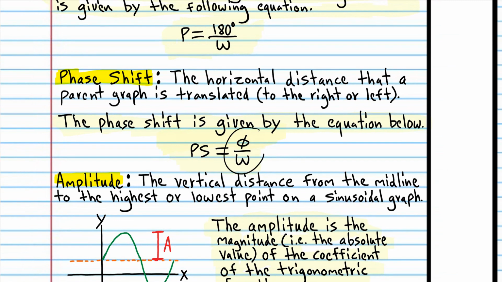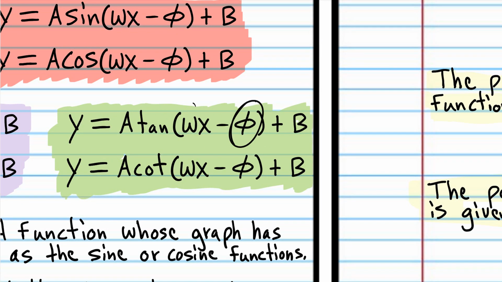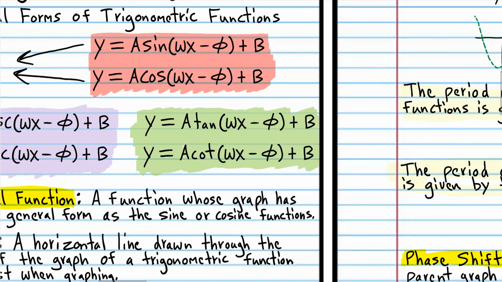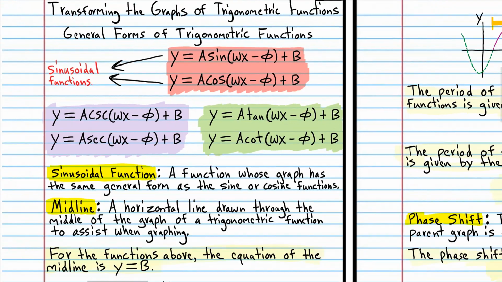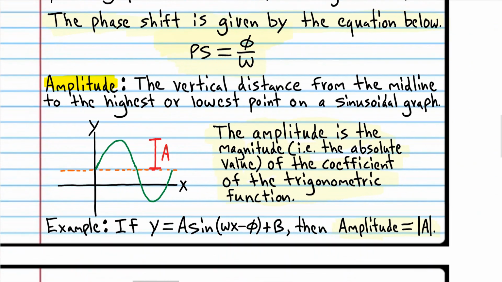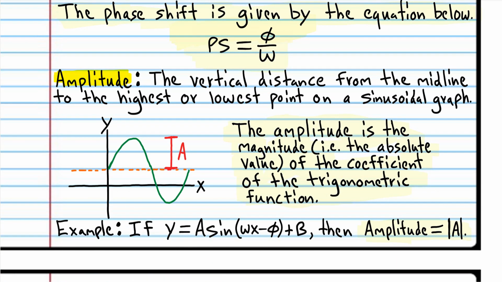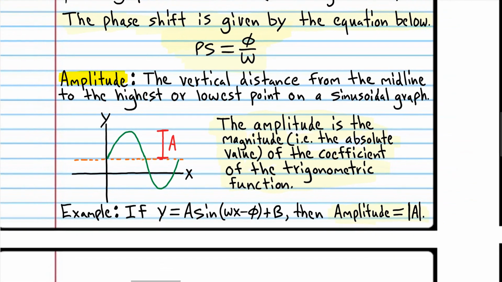And you find that by dividing phi by omega. So you take this phi value and divide by omega. Now, why is that? Well, we don't know. We're going to do some practice problems, and then you're going to see exactly why that value is the phase shift, the horizontal translation.